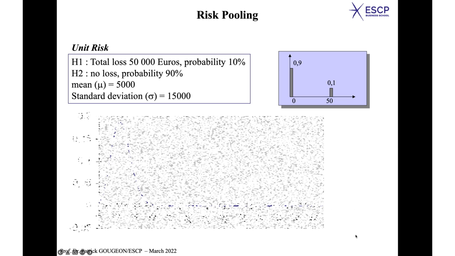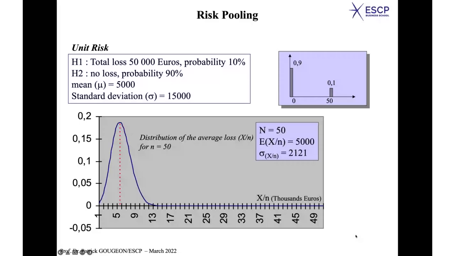Now, if I use the formula we had before, or more precisely with an Excel table, you can generate the probability distribution of x over n, with n equal to 50 in this case, and the distribution of x over n would be like this. As you can see, it looks like a normal distribution with a mean at 5,000.